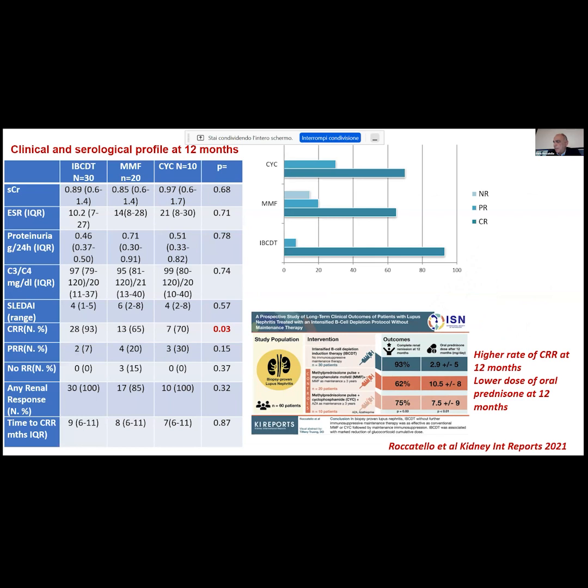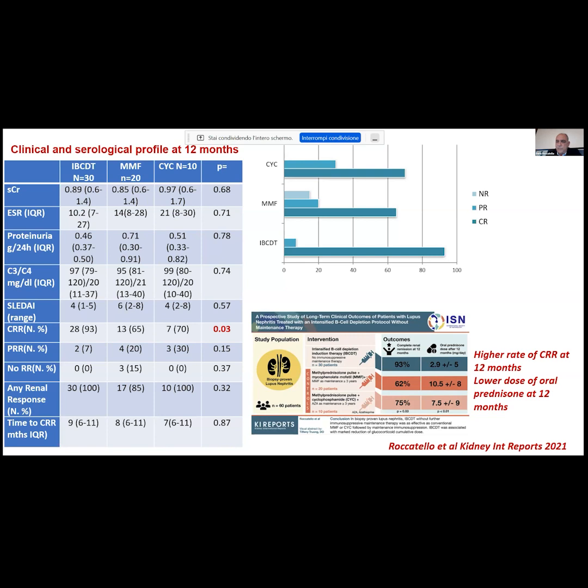with a standard of care based on mycophenolate or cyclophosphamide, showing that the outcome at 12 months was different, with better results with intensive B-cell depletion therapy, despite the fact that it was not followed by a maintenance treatment.